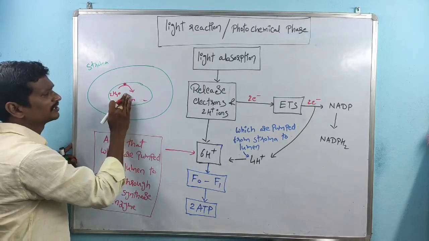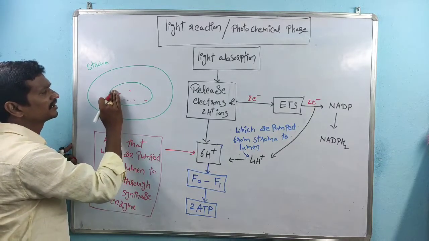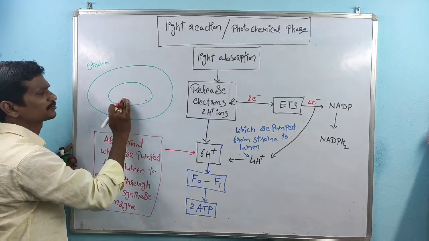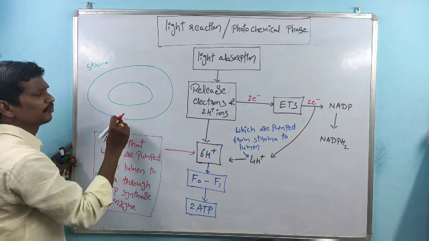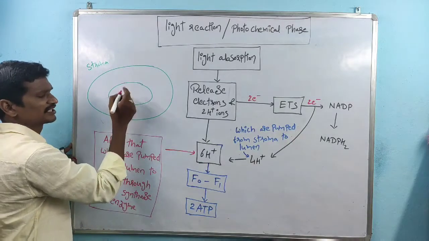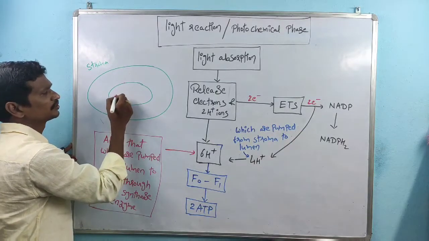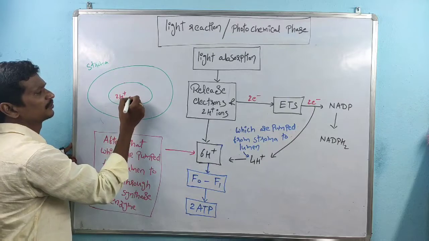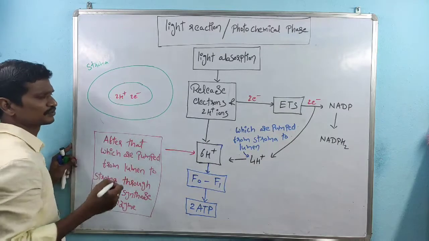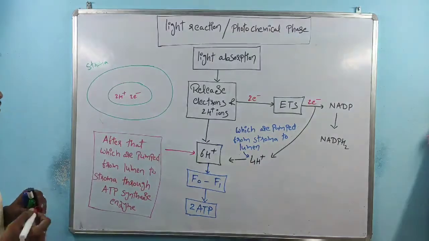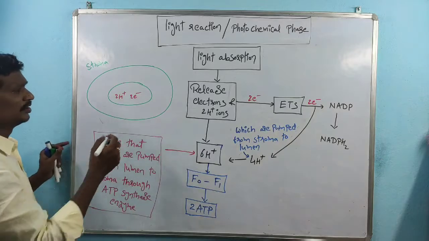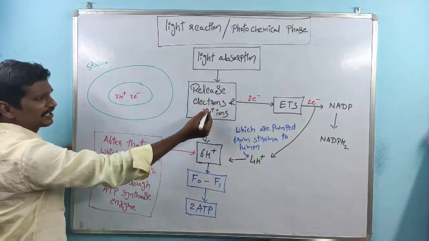So inside the lumen, the photolysis of water takes place. Considering one water molecule, 2 H plus ions and 2 electrons are produced once the light energy is utilized.